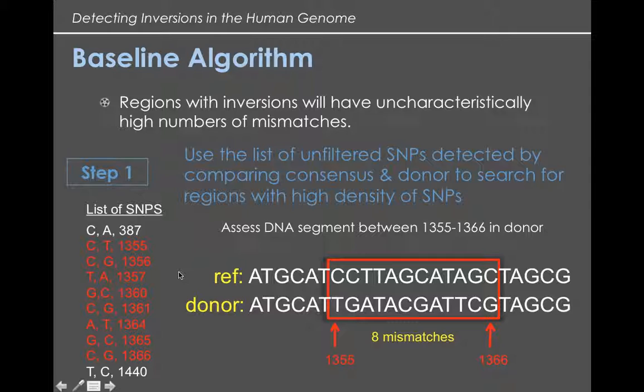And I use a filter that only takes groupings of SNPs that are within 10 nucleotides of each other. So I'm looking for the most dense regions of SNPs, single nucleotide polymorphisms.